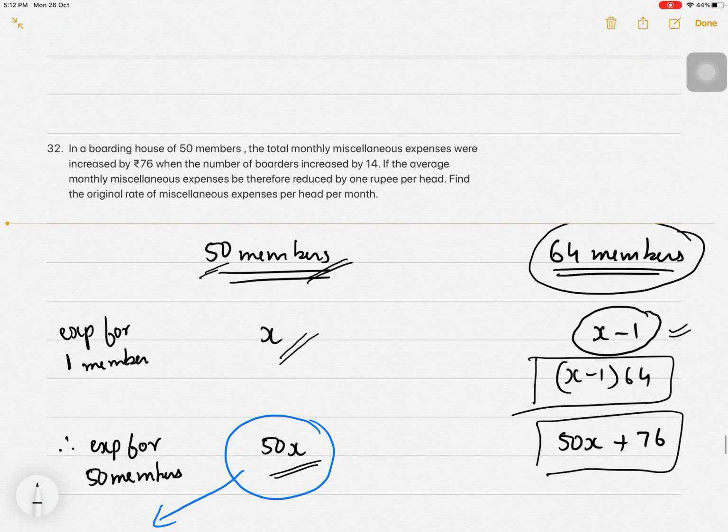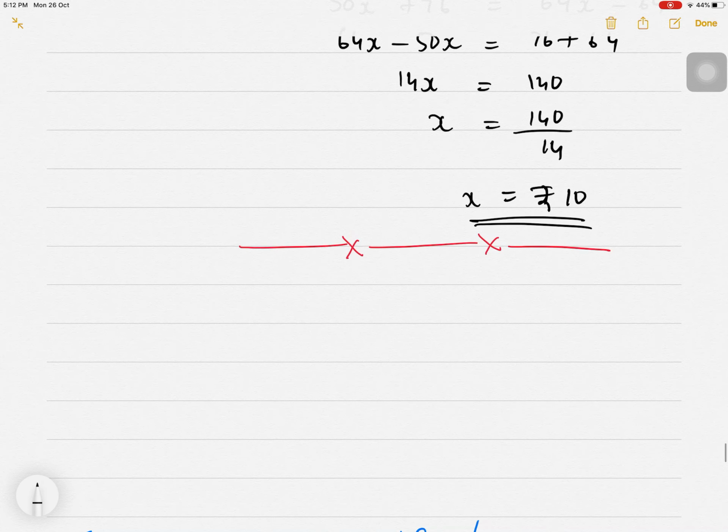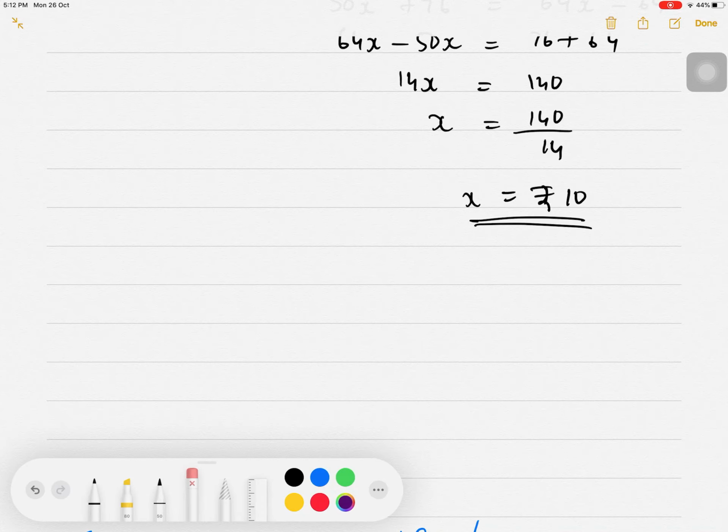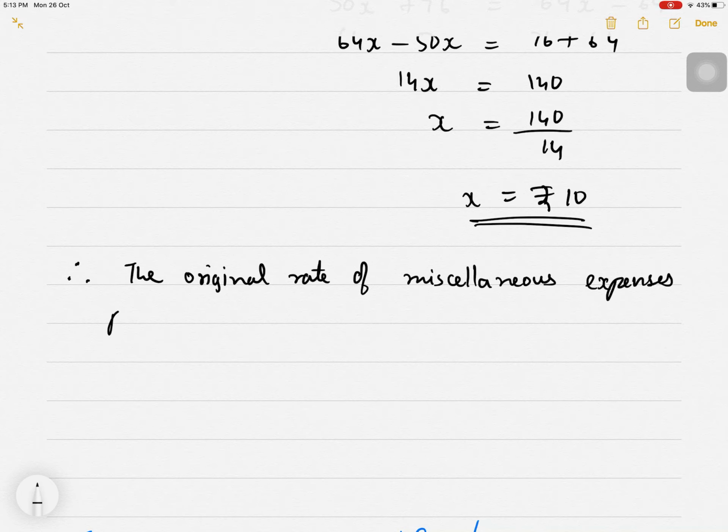So just add a sentence. The original rate of miscellaneous expenses per head per month is rupees 10.